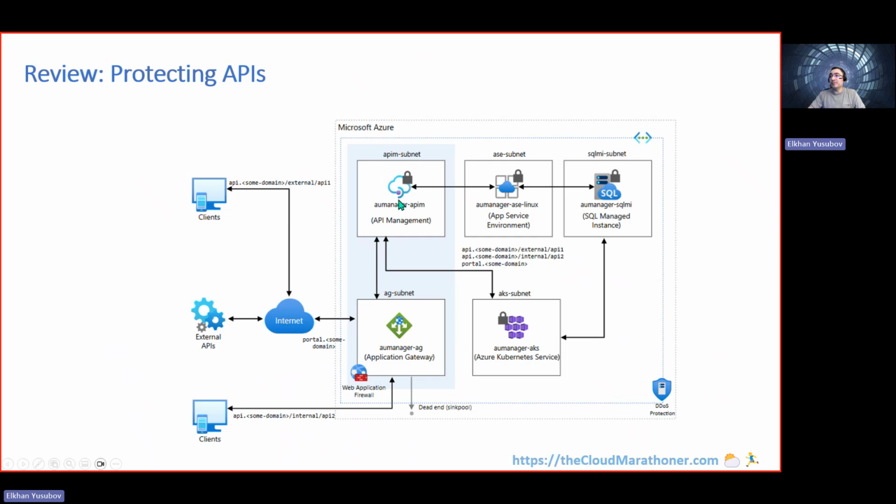Then for each subnet of this system, we have specific workloads, specific applications that are running there. We have managed SQL running in its own subnet. We have a web application firewall, and of course, we have an application gateway that directs the network within this described architecture.